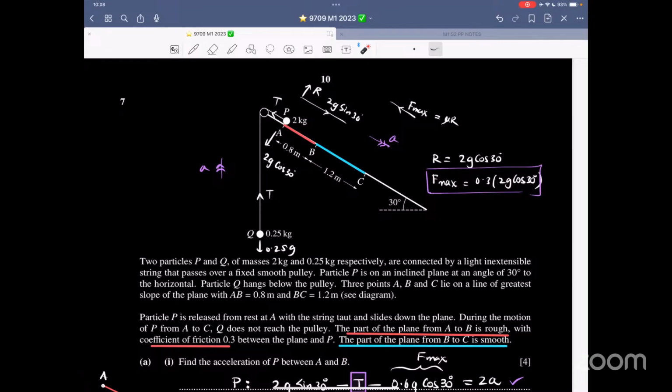Let me label it. The weight is acting down. Tension is acting up. The weight component, where is it? This thing, 2g sin 30. I did not label it over there because I labeled the distances. So 2g sin 30 is going down. R is going up. 2g cos 30 is this way.